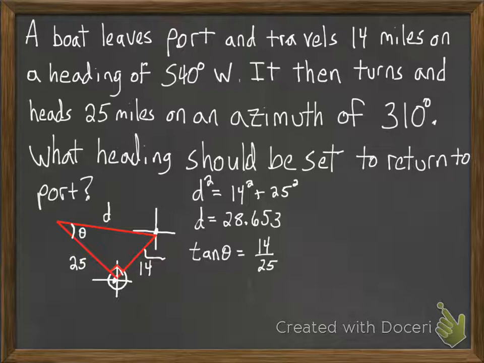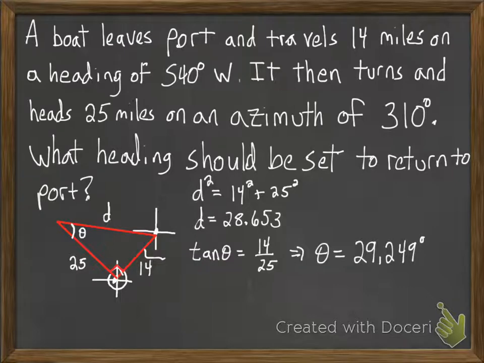Well, typically in these problems, D is a found result, and we like to try to avoid using that as much as we can. So I don't need to use a found result here. 14 and 25 are given to me. So I use that here. And from that I find out that theta is 29.249 degrees.